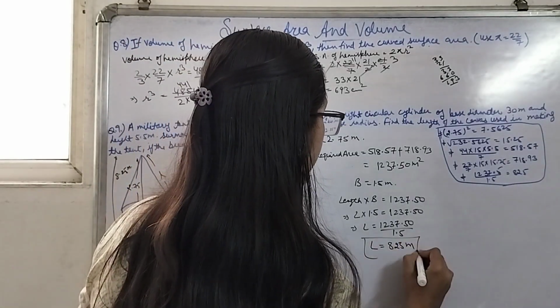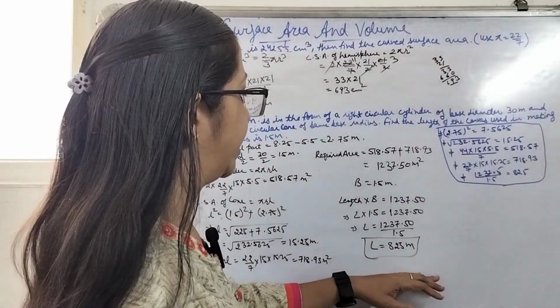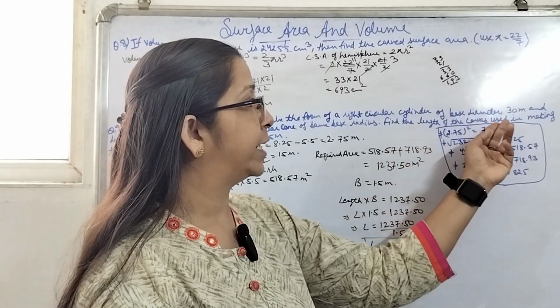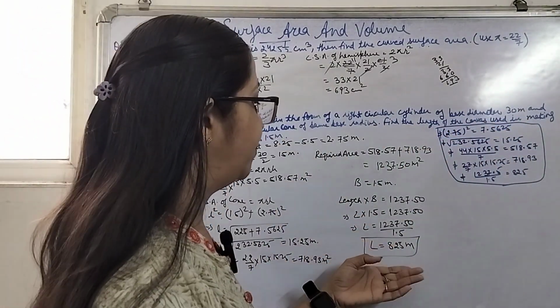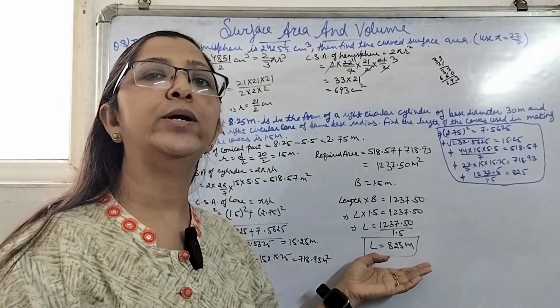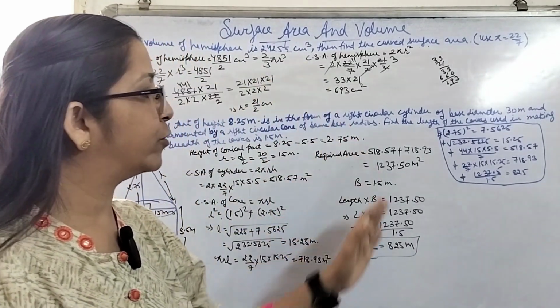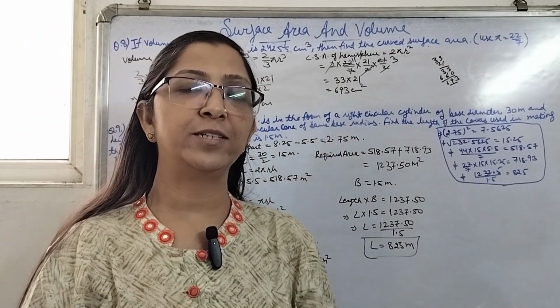That means the required length will be 825 meters. The length of the canvas used in making the tent, if its width is 1.5 meters, will be 825 meters.